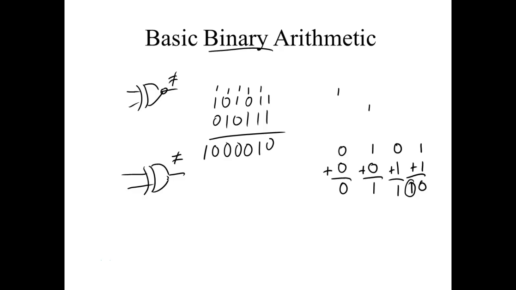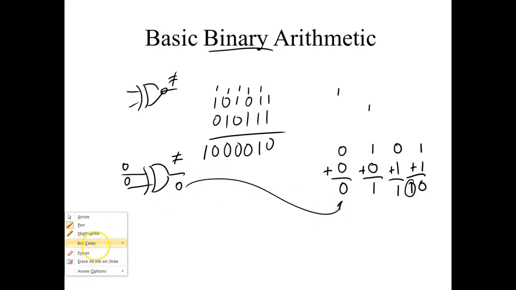So if I was to come over here and put a 0 and a 0, what would I get? Well, they are equal, right? You understand? So I'd get a what? 0. Because it says I get a 1 if they're not equal. Well, see, that matches that right there. If I come over here and do a 1, 0, they're not equal, so what would I get? I get a 1.